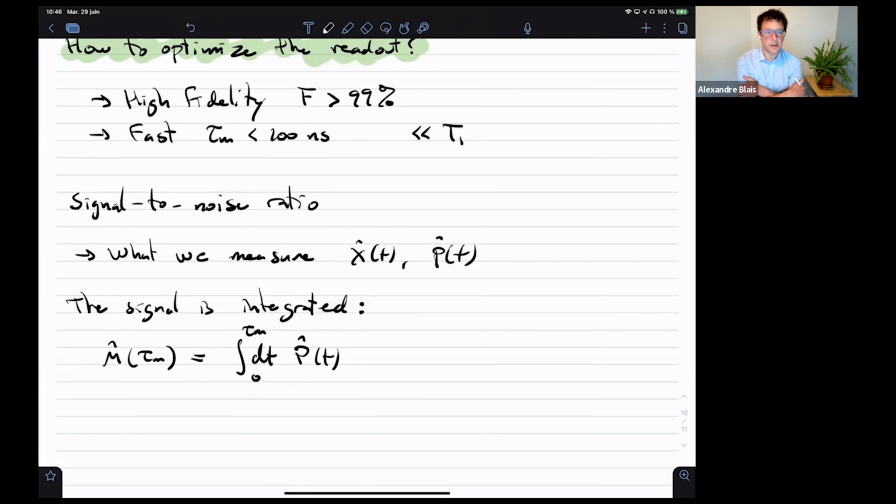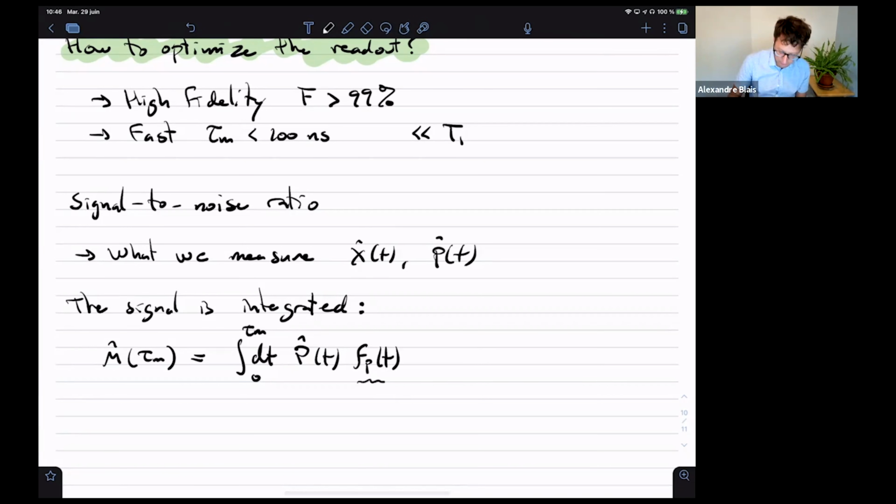And so we will integrate this in time. We can add to this some filter function, some additional function. And why would we do this? Well, for example, I've already said that if the measurement is too long, like if the measurement is T1 long, for sure I will always or almost always find the answer to be in the ground state.